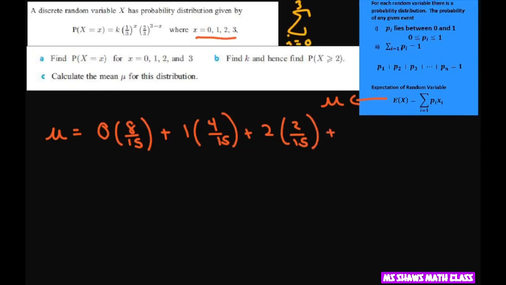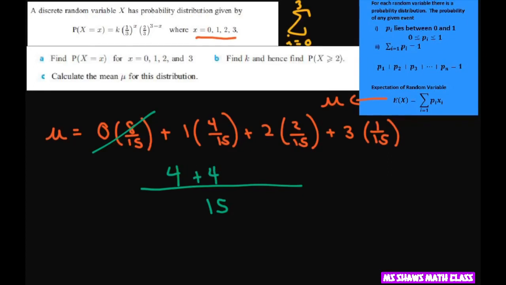And when x was 3, we had 1 divided by 15. So let's add all those. Oh, this is a 0. So you have 15 in the denominator. So this will be 4 plus 4 plus 3. And that gives you 11 divided by 15.